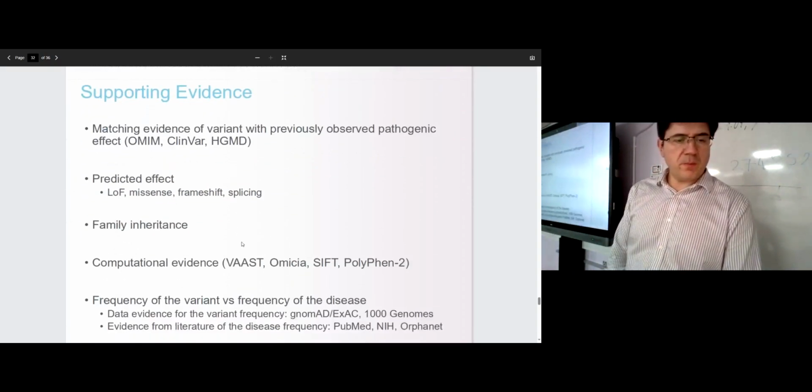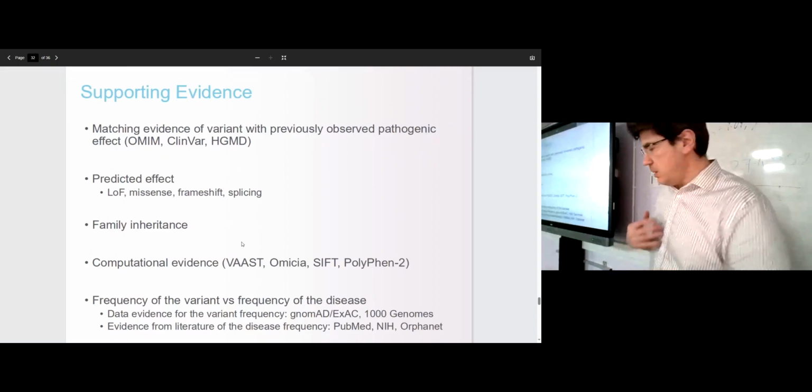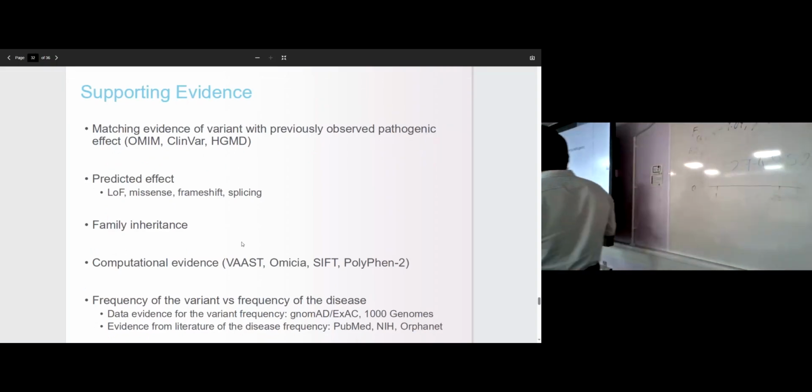And so we need to use a series of algorithms. I'm not going to go into the detail, but basically the idea is that you want to predict for an observed variant whether it's going to be pathogenic or non-pathogenic.